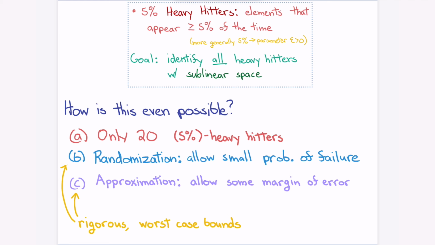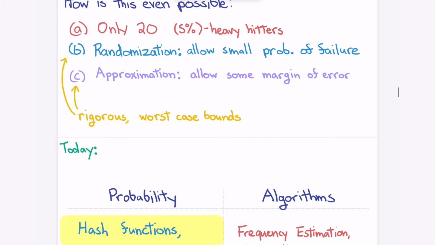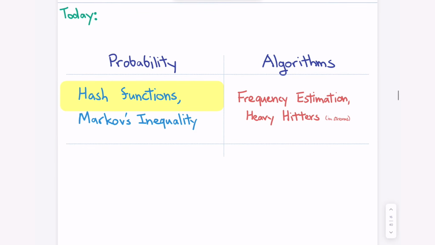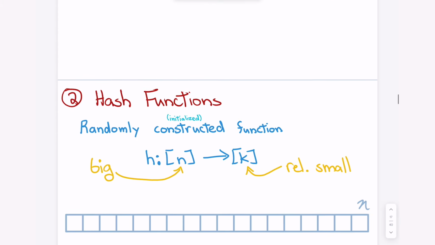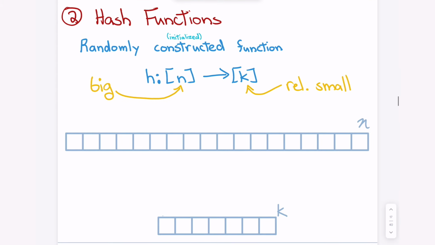Okay, so to do this, we're going to use hash functions in a clever way. Hash functions, I'm sure you've seen and certainly used. I'm sure you use hash tables when you program all the time. But let me go through it slowly since it's an important object for us. The idea is just a map from integers to integers.